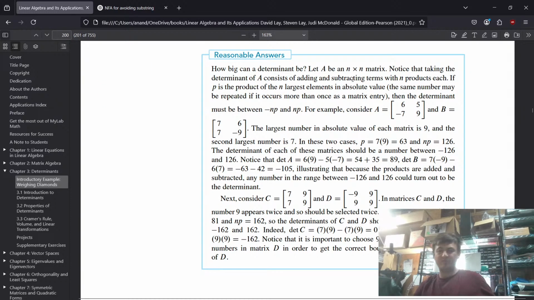How big can a determinant be? Let A be an n by n matrix. Notice that taking the determinant of A consists of adding and subtracting terms with n.